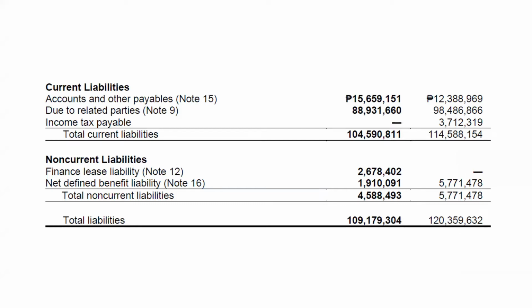So, kinuha na lang namin yung liabilities portion. So, makikita natin dyan na may separate line item for the trade and other payables, yung financial liabilities like yung due to related parties, yung taxes, yung current, which is income tax payable, yung finance lease liability. So, separately presented.